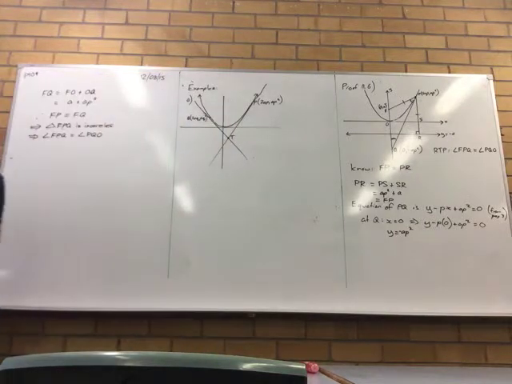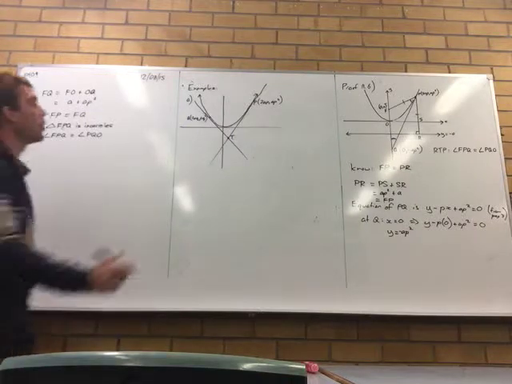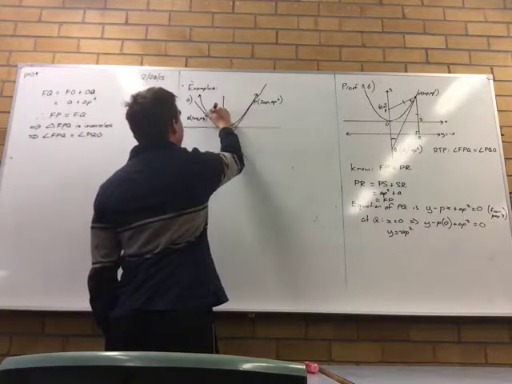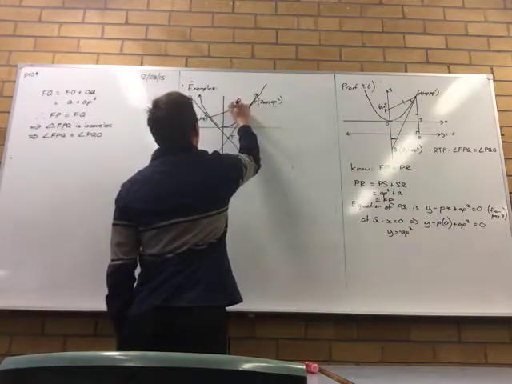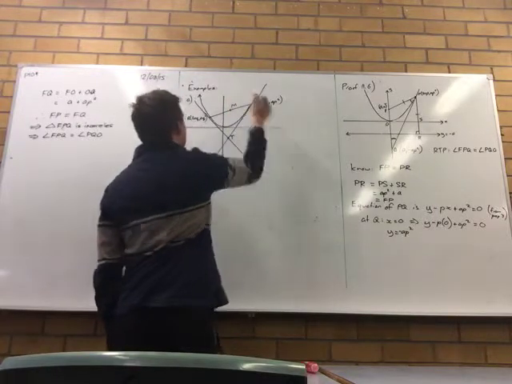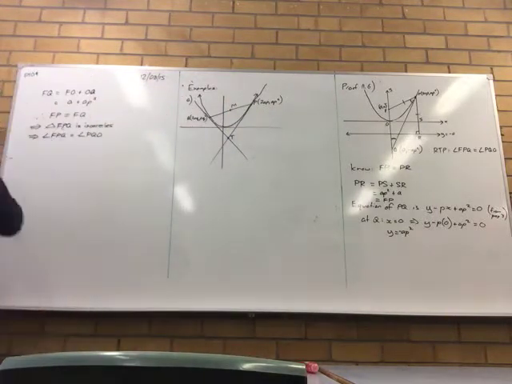They meet at point T, and M is the midpoint of PQ. You do not know that this is a focal chord, so you cannot assume that, and in your diagram make it look like you don't have a focal chord.